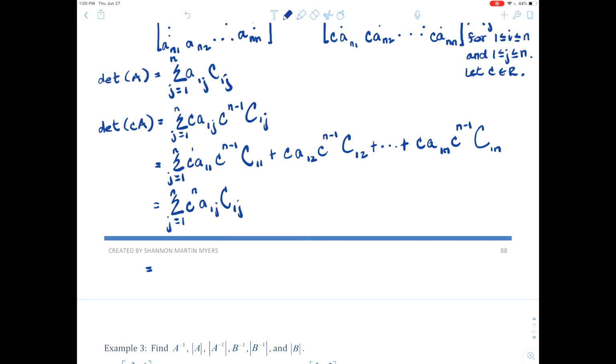So we would get C to the n times the summation from j equals 1 to n of A1j C1j. But what is that? That is equal to C to the n times the beautiful determinant of A. We're all done. Cool, cool?